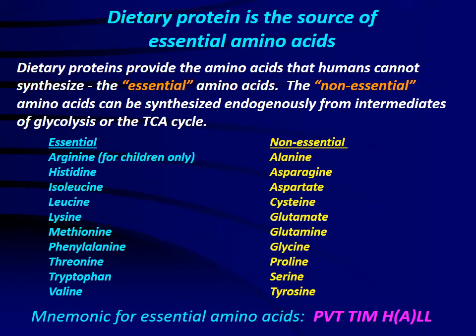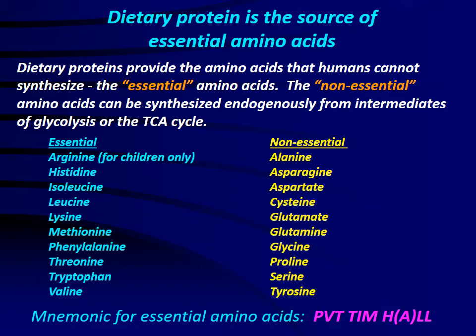Dietary protein is the source of essential amino acids. Dietary proteins provide the amino acids that humans cannot synthesize. These are known as essential amino acids. The non-essential amino acids can be synthesized endogenously from intermediates of glycolysis or the TCA cycle.